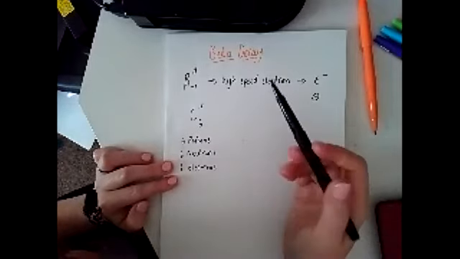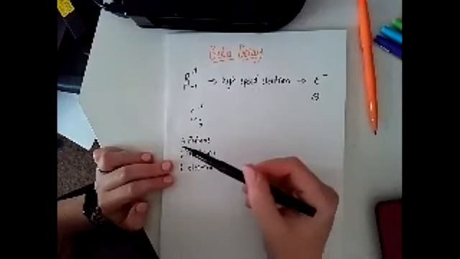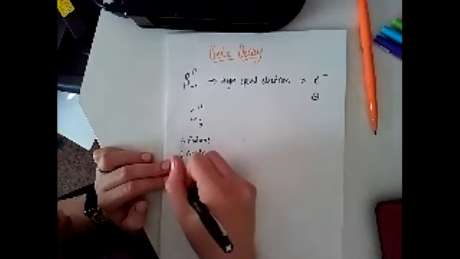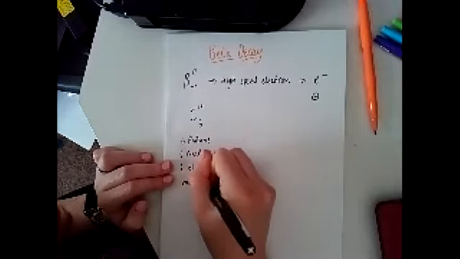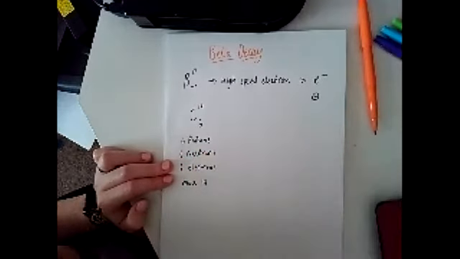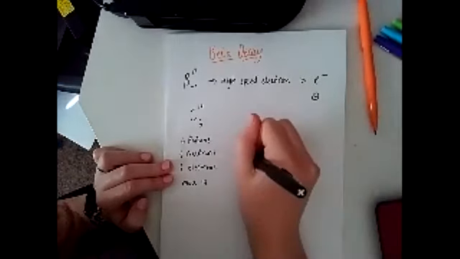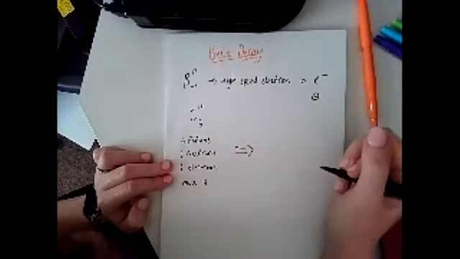So, carbon-14. So, in total, we've got a mass of 14. Okay. So our beta decay occurs, and we're going to turn this into something else.